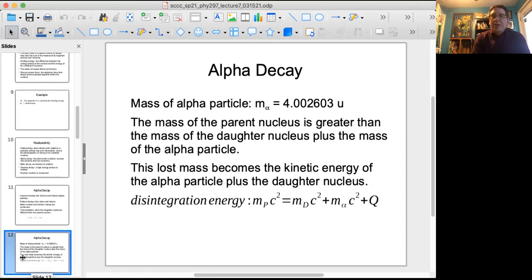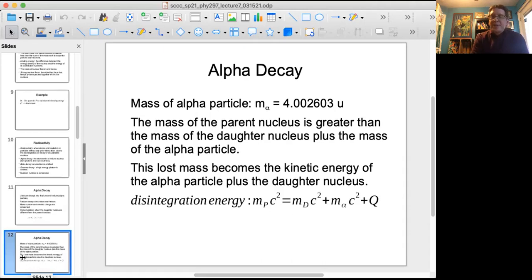So the mass of the parent nucleus is greater than the mass of the daughter nucleus plus the mass of the alpha particle. And so the lost mass becomes the kinetic energy of the alpha particle plus the daughter nucleus. You can figure out the relative kinetic energy of each part.